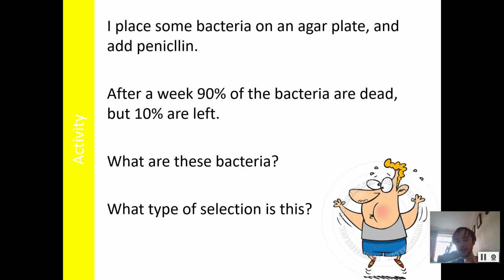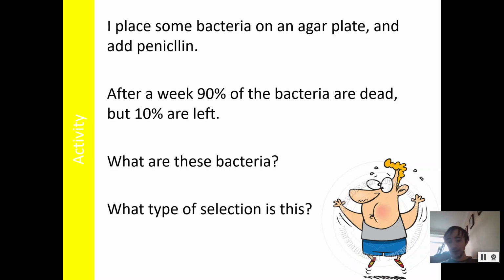By adding penicillin to the bacteria, I have added a selection pressure, a new factor which is going to cause them to be selected in one way or another. In this case, all the ones that didn't have antibiotic resistance will die, all the ones that do will survive, and so if I have a normal curve of antibiotic resistance, the whole curve will shift towards the antibiotic resistant end of the spectrum.